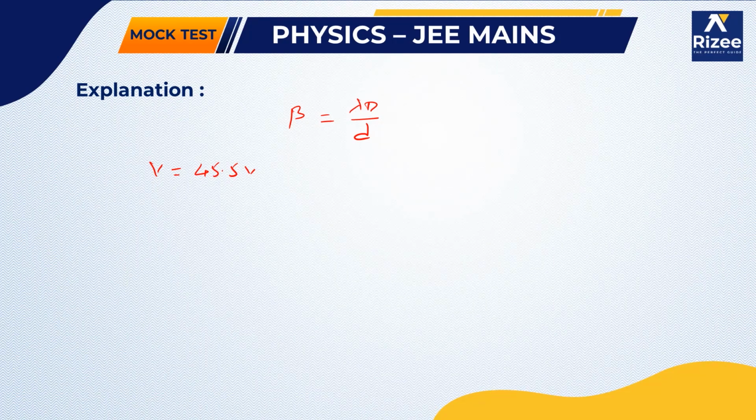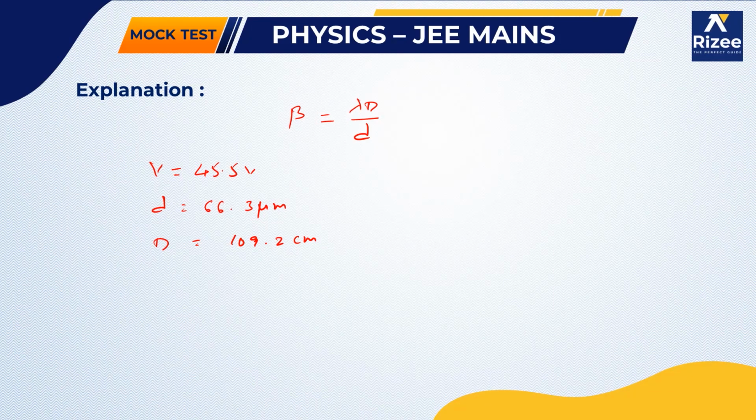It's a YDSE. Small d he has given as 66.3 micrometers, and capital D is 109.2 centimeters. The mass of the electron and h value are also given.